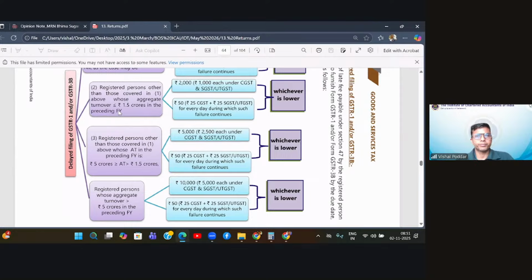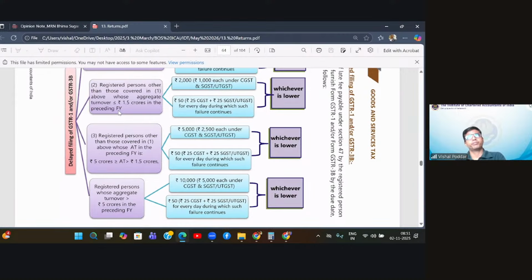Next, registered persons other than those covered in one above whose aggregate turnover in the preceding financial year is greater than 1.5 crore but less than 5 crore. Yes. So the late fee is rupees 5,000 or rupees 50 for each day, whichever is lower.